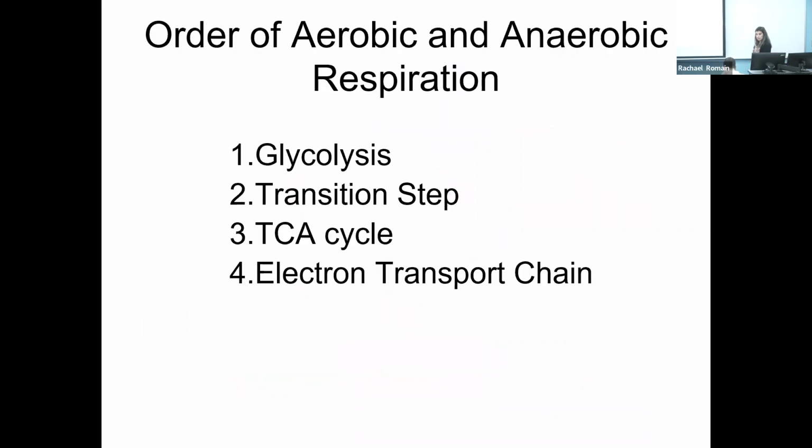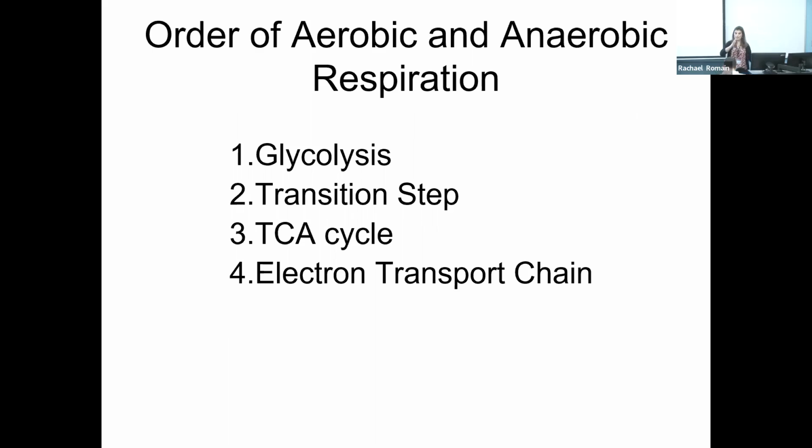We're going to focus on 4 main components that allow us to break down glucose and to make energy. We're going to take this step by step, okay? The first one is glycolysis. This is where we begin the breakdown of glucose, okay? Breakdown is also referred to as oxidation.